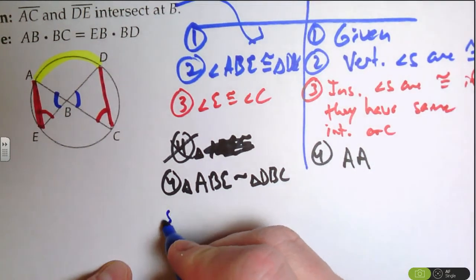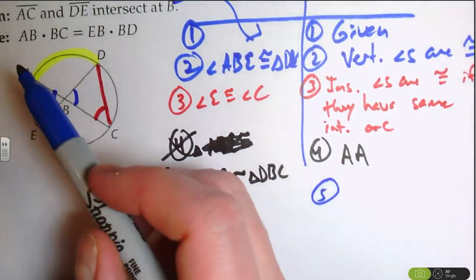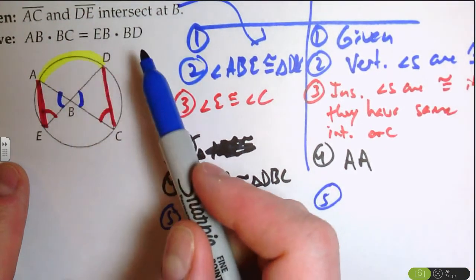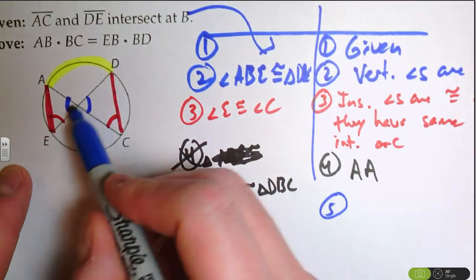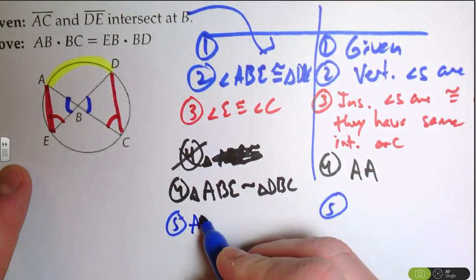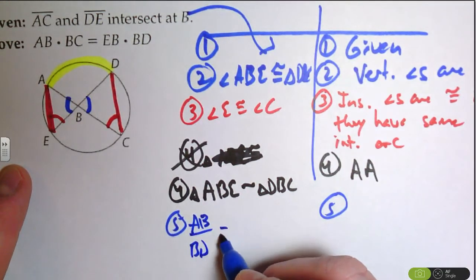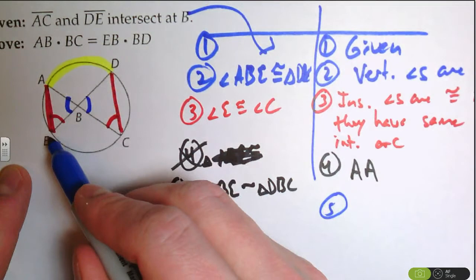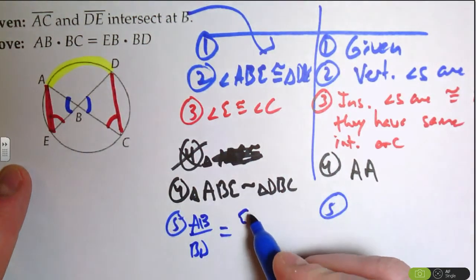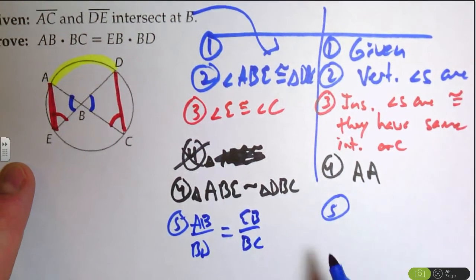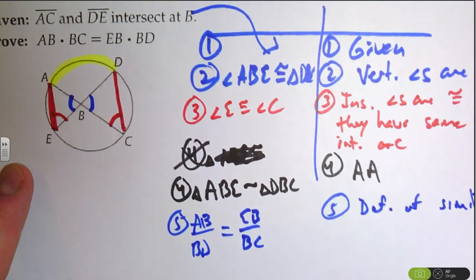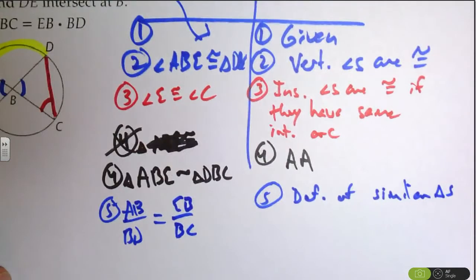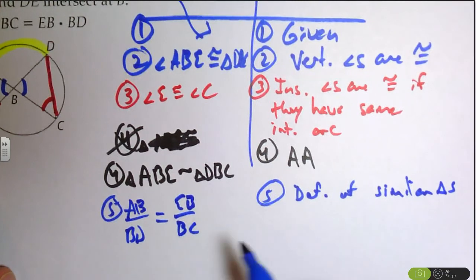Step 5, we have to start bringing in these segments AB, BC, EB, BD. I know AB and BD correspond to each other, so AB over BD equals EB over BC, because part to part equals part to part. That's just the definition of similar triangles: if you're similar, your corresponding parts are proportional.